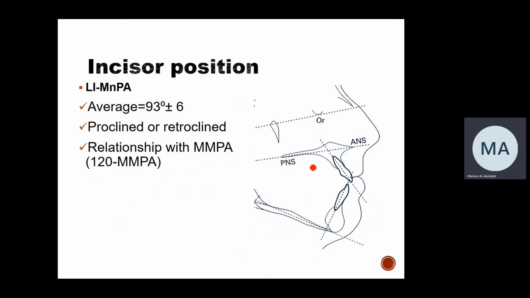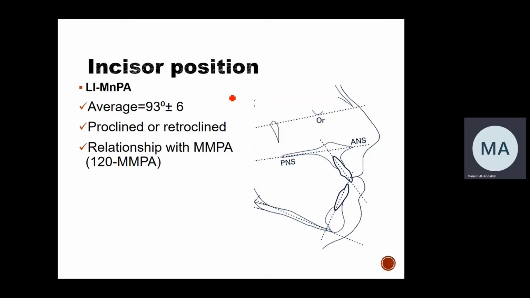The lower incisal long axis to the mandibular plane, on average, it's supposed to be 93 plus minus 6. Again, if more, proclined; if less, retroclined; if within this range, it is of average inclination.